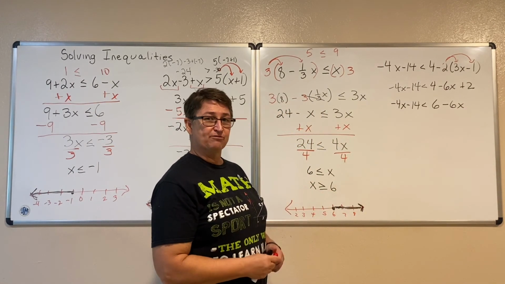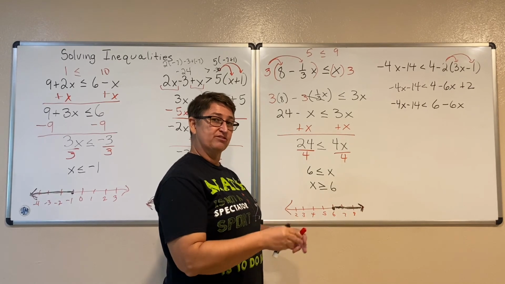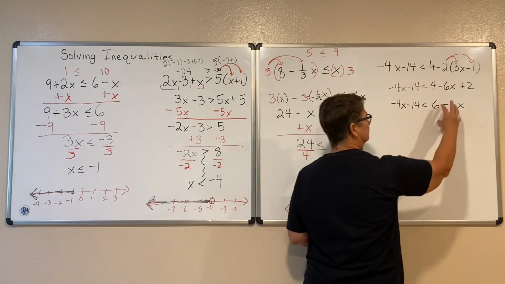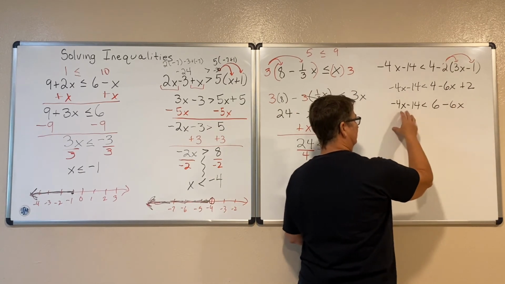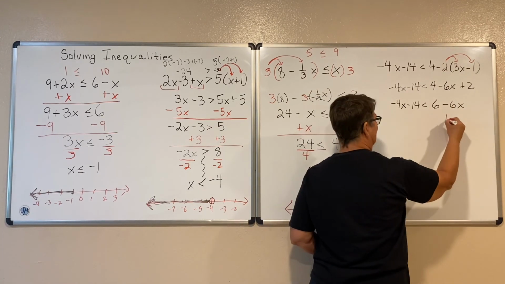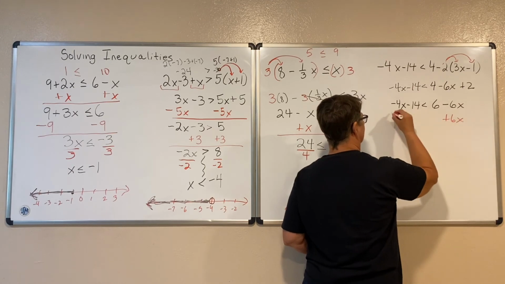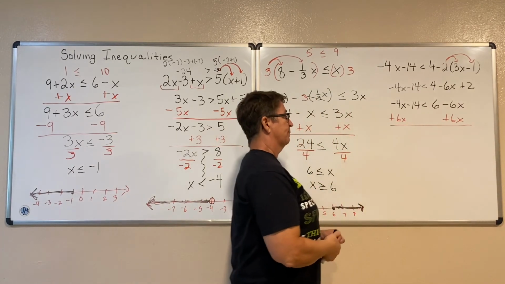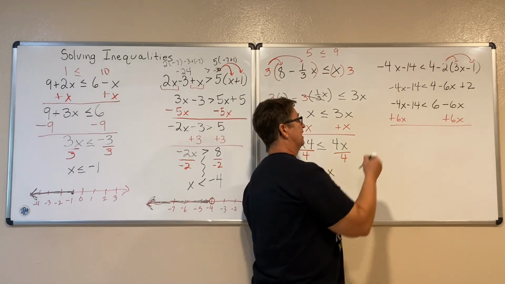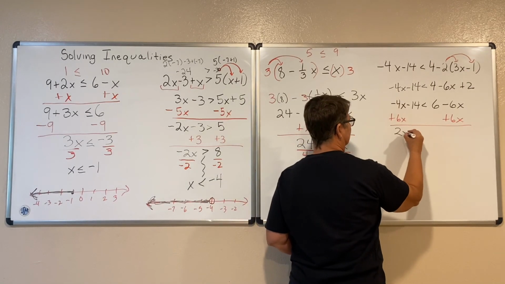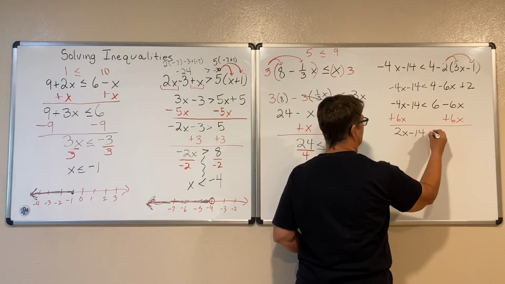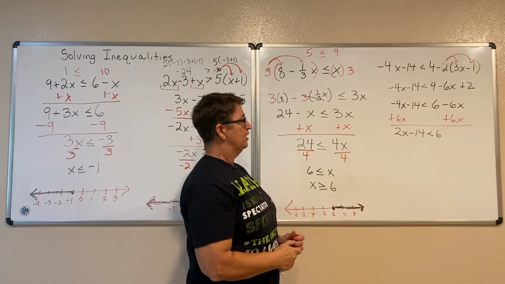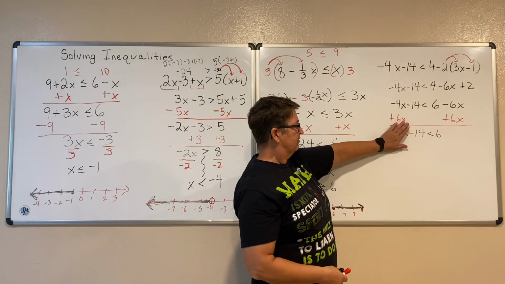Now that I've simplified, I need my x's on the same side. So I'm going to move these 6x's to the other side by adding 6x to both sides. When I do that, it leaves me with 2x minus 14 is less than 6. Look at the side with the x.